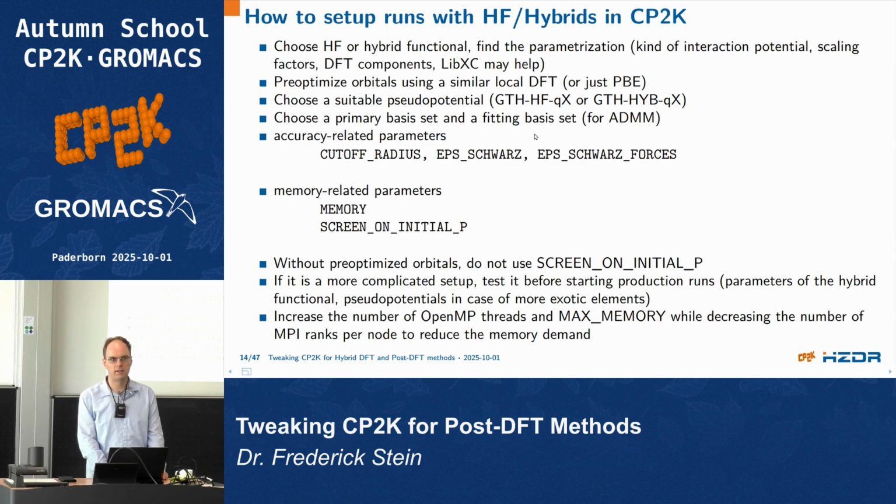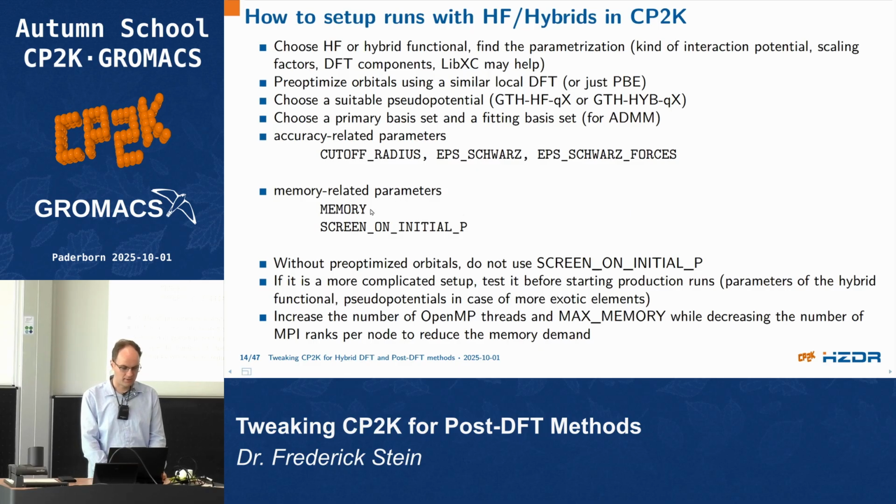Commonly, a basis set of double zeta quality is already accurate enough for most purposes. Then you have to tune these three parameters for your calculations. Of course, the cutoff radius is basically given by the dimensions of your cell. The Schwarz parameter is to be found by you. Usual values are on the order of 10 to the minus 6 to 10 to the minus 10, the latter especially with the ADMM approximation.